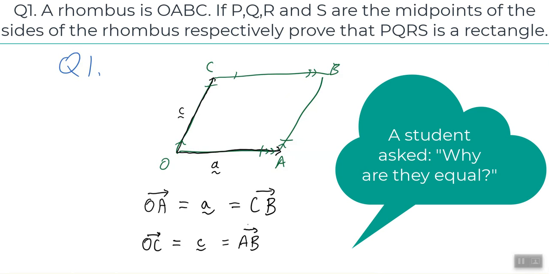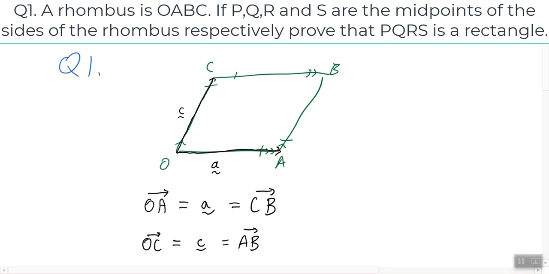So because they're parallel and the same length, because it's a rhombus, they're the same vector. On this side, OC is the same as AB.